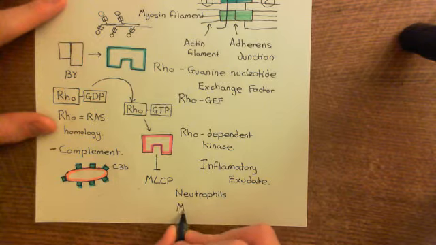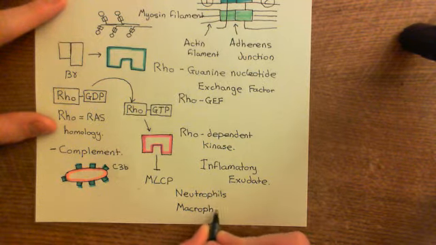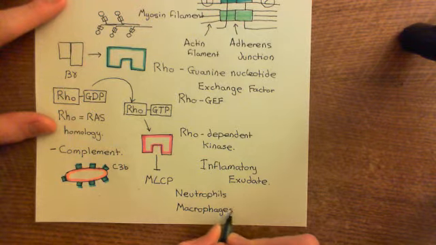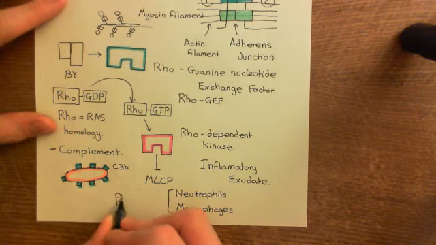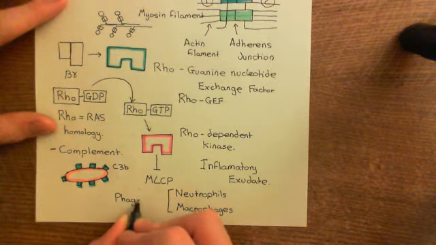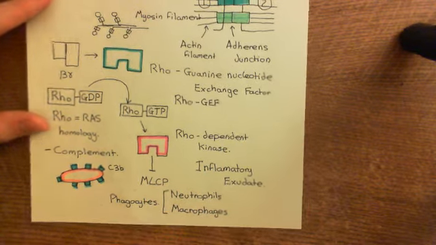Okay, now both neutrophils and macrophages are what are known as phagocytes. So these are both phagocytes, which means basically that they engulf pathogens and will digest them. So let me show you this on another piece of paper now.